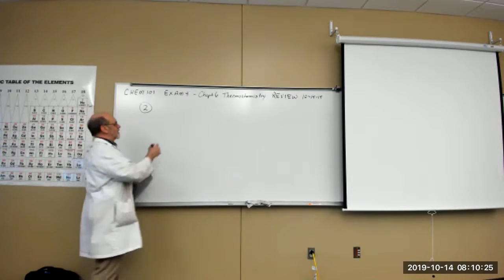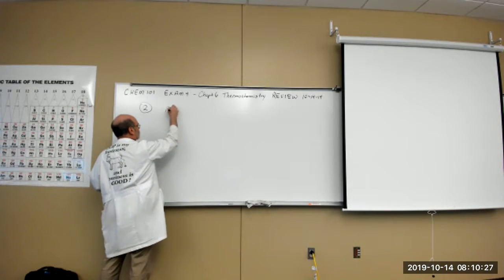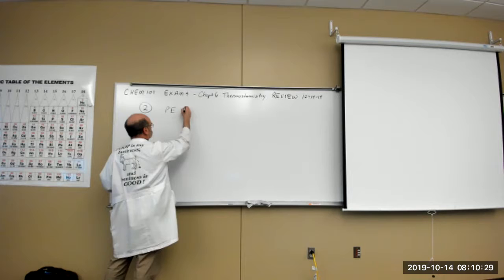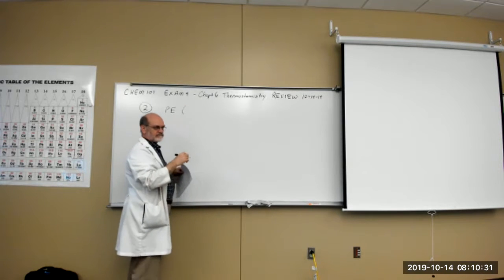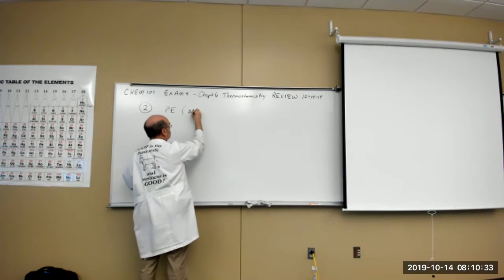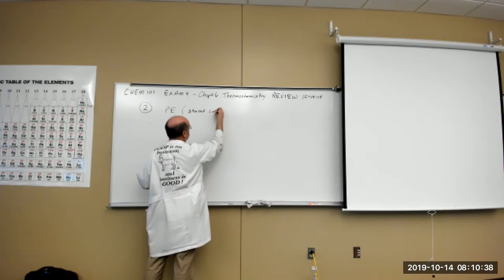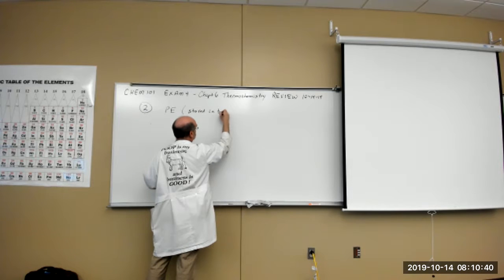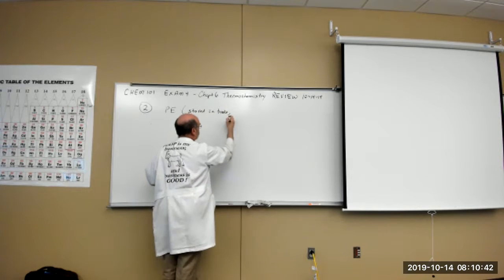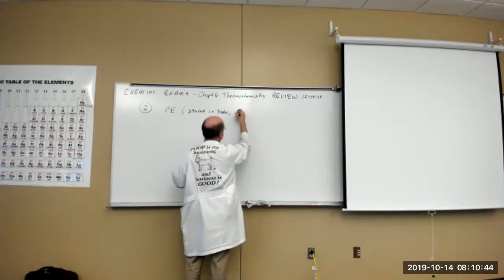Kinetic and potential. Exactly. So potential energy could be what type? Stored up. It could be stored in bonds, or it could be due to position.